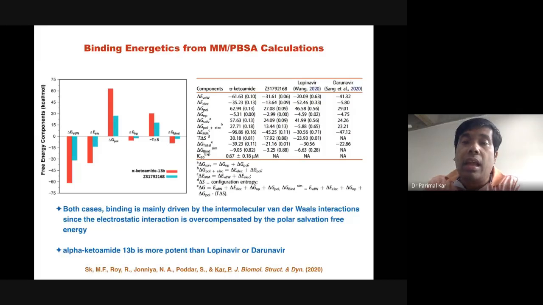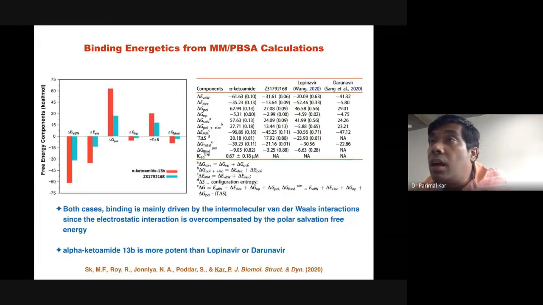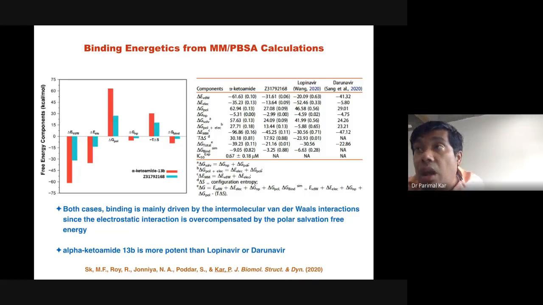Okay. So now, when they say that these HIV drugs, lopinavir and darunavir, are working, the question is that you develop this alpha ketoamide and say that it is better. Whether it is better compared to darunavir or the HIV drugs, you can check.